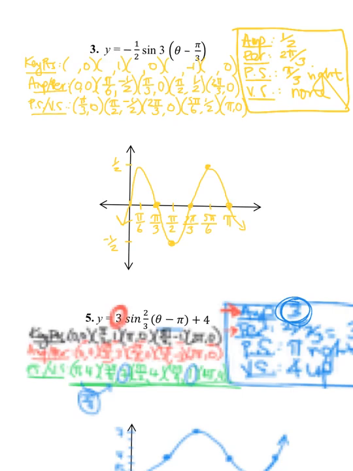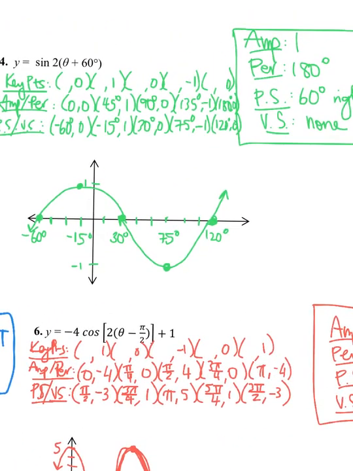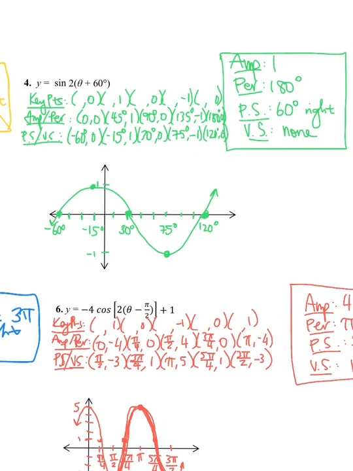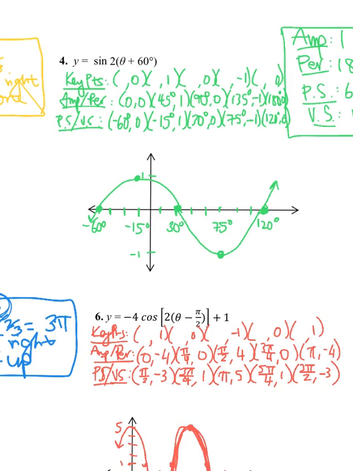Number 4, I got amplitude of 1, period of 180 degrees, phase shift is 60 degrees to the right, and vertical shift is none. Here are my key points, and those are my graphs.